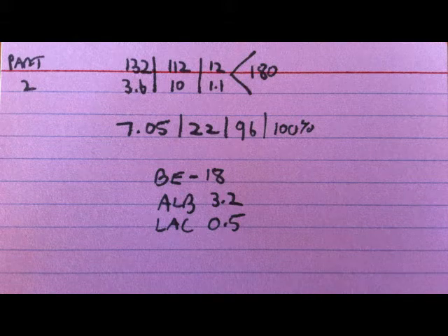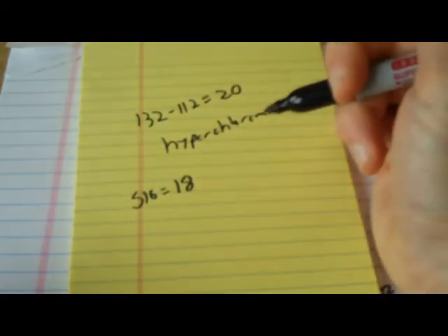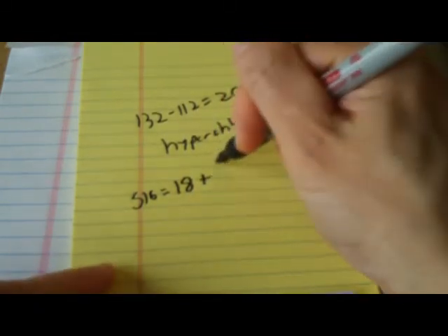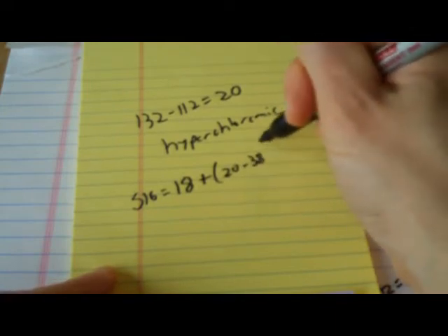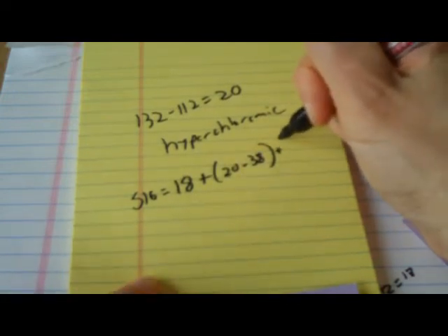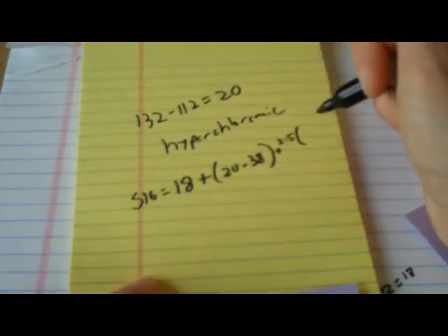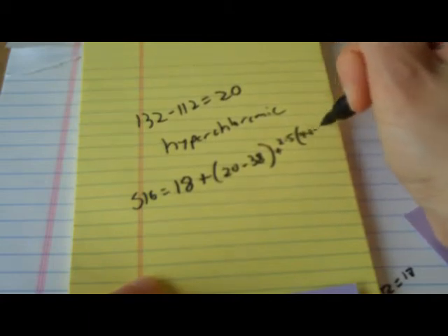So SIG equals base excess of minus 18, so we have a base deficit of 18, plus their SID minus 38, plus 2.5 times 4.2 minus albumin.